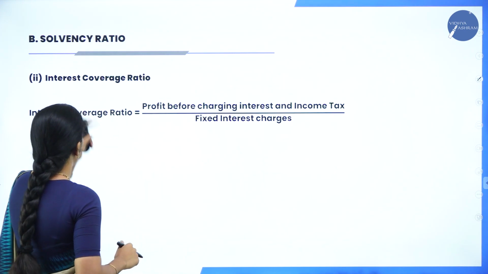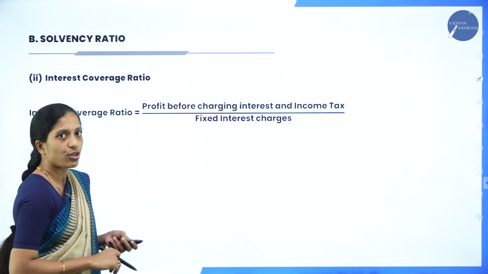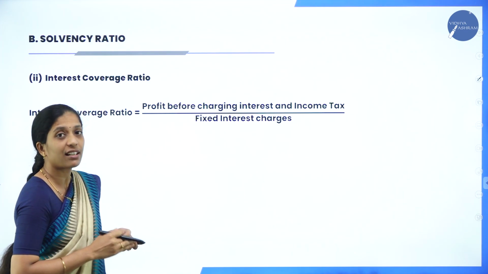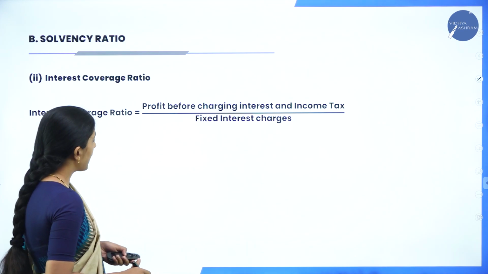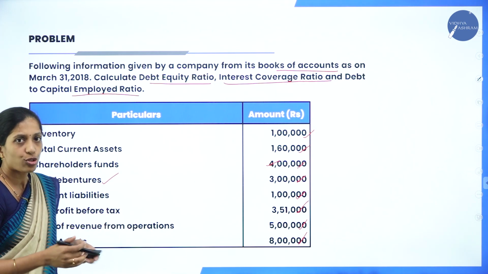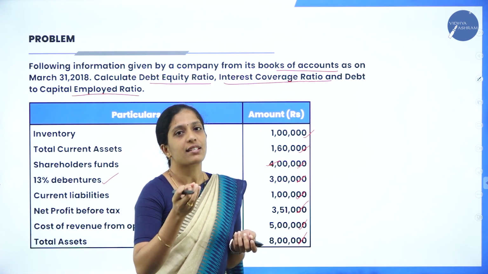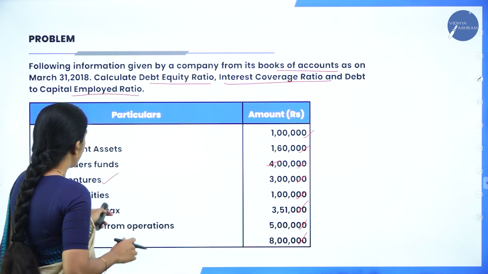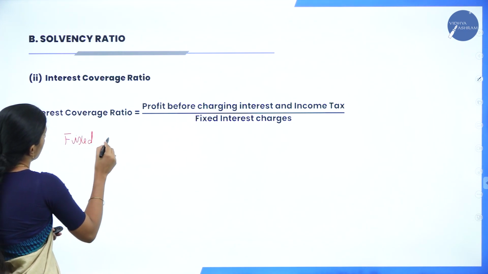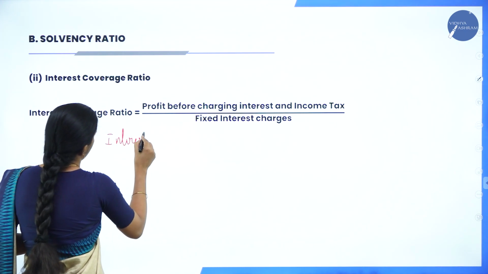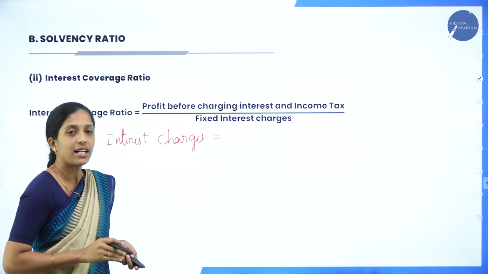Now moving on to the next type of ratio, that is interest coverage ratio, where your formula is interest coverage ratio is equal to profit before charging interest and income tax divided by fixed income charges. Now they have directly given us profit before tax. So we have to calculate what is the interest so that we can get profit before interest as well as tax. Okay, so let us calculate the interest first. So fixed interest charges is equal to, so here interest is calculated on debentures.